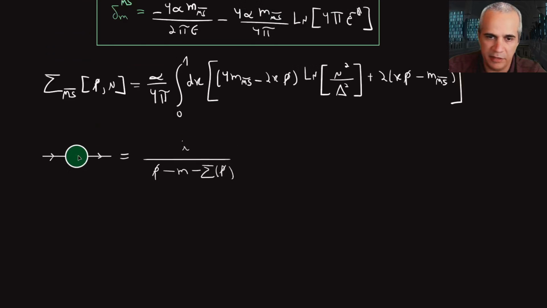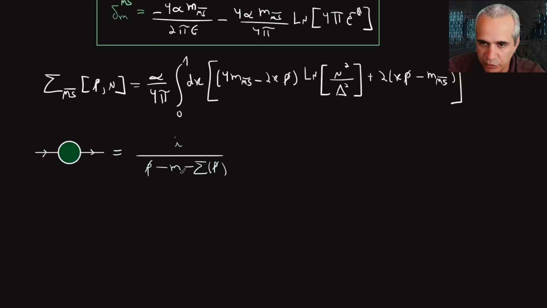After all, if the electron goes on shell, there should be a pole. Now, I'm calculating both of these quantities in the MS bar scheme, but the pole is still in the physical mass of the electron, right? So this is the same, at least near the pole, as this guy, right?